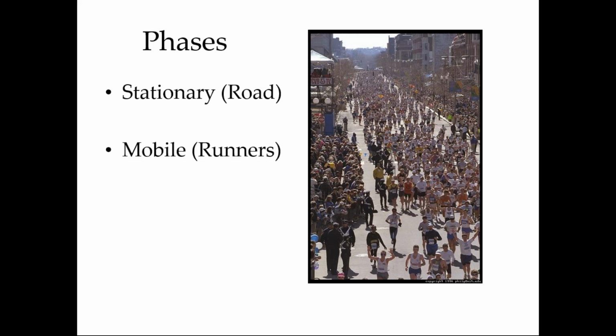The mobile phase are the runners because they are moving, and the differential attraction here is the way they put their foot down on the road. The fast runners will be putting their foot down at a very fast pace, and the slow runners will have it at a slow pace. So that becomes the differential affinity.